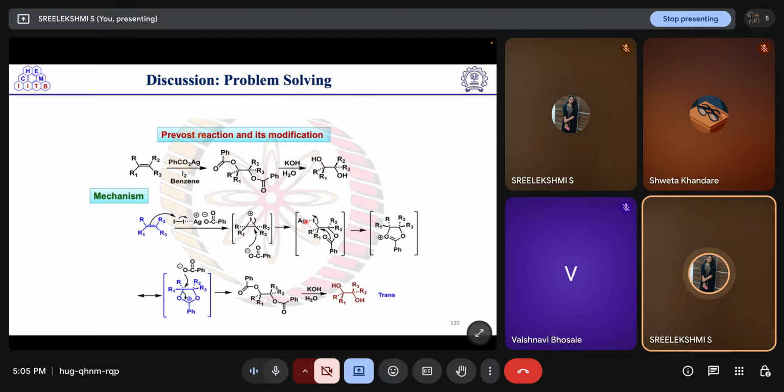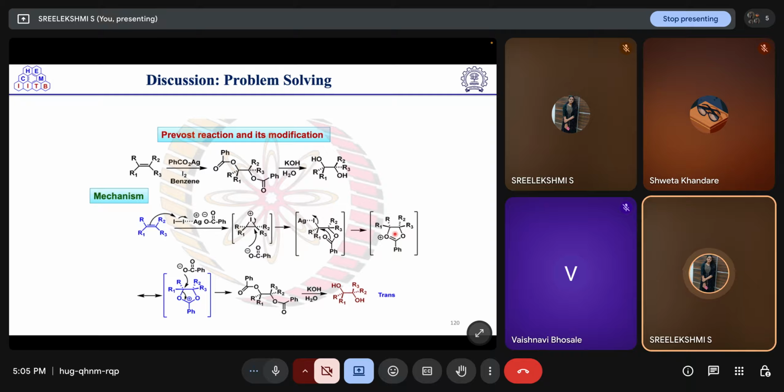Then in the next step, the oxygen lone pairs will attack the other carbon, and this group will eliminate. Silver iodide is a stable salt, so it will eliminate when the oxygen lone pairs attack this carbon. That will result in the formation of this oxonium ion, which has a positive charge on oxygen. So this is another intermediate.